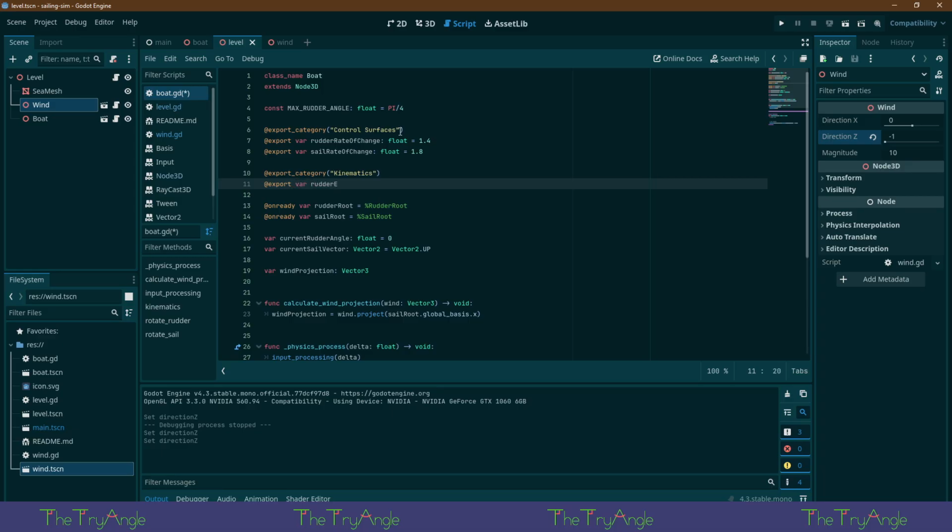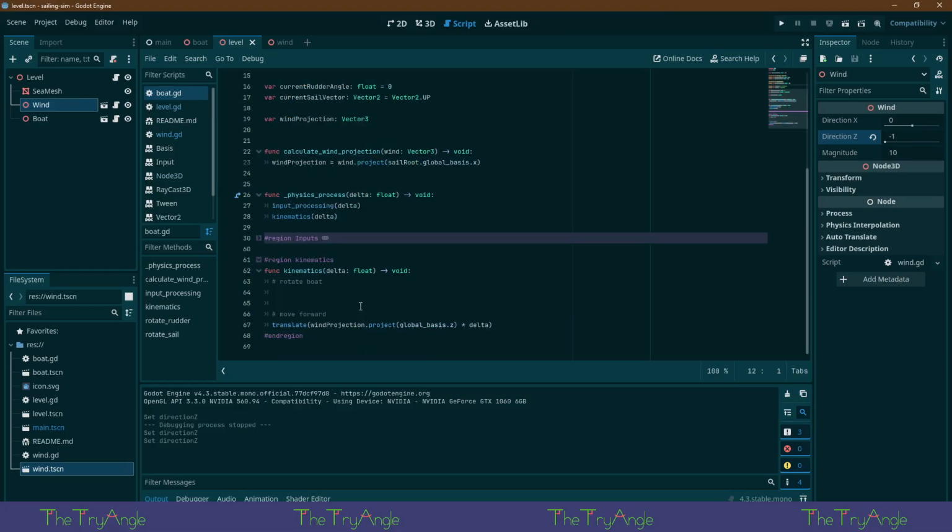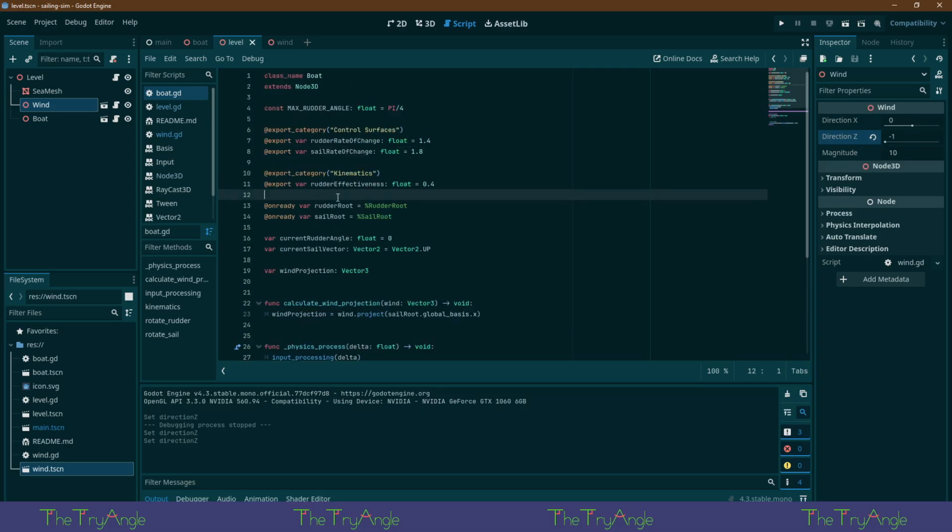Rudder, I'm going to call this effectiveness. Because I think there should be some kind of decay. And I don't even know what that is, really. We'll say that. I wonder if sail effectiveness would also be a thing. I think so.